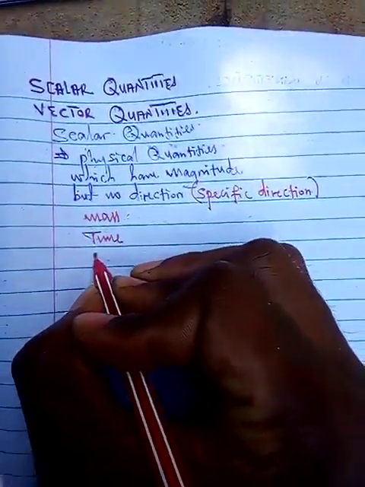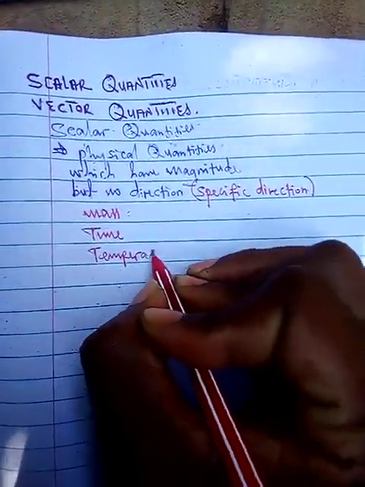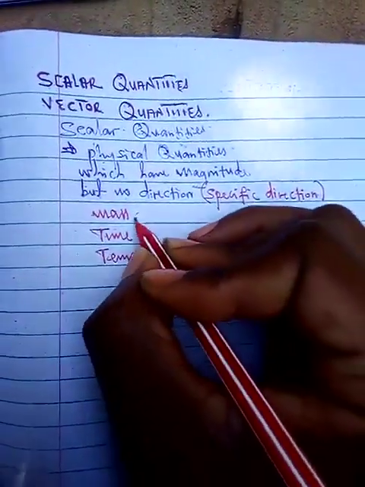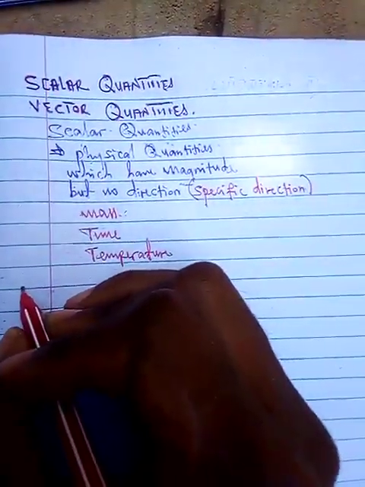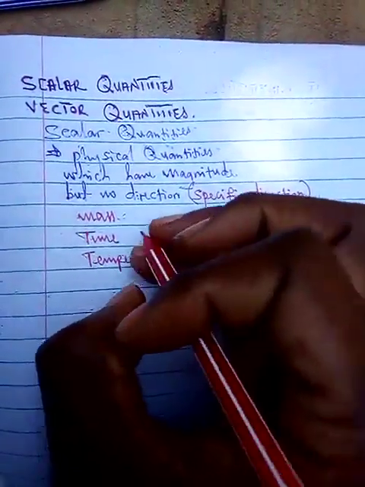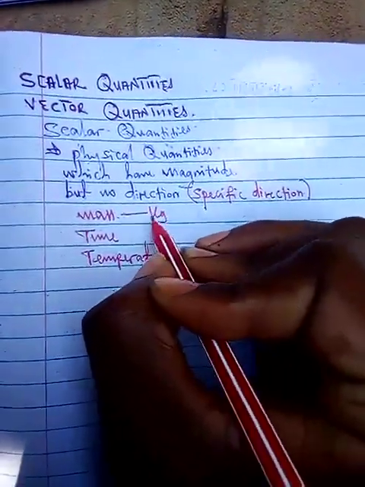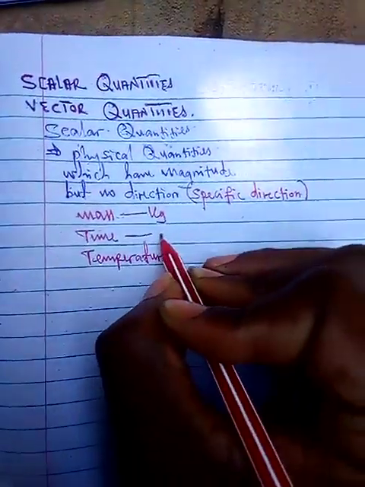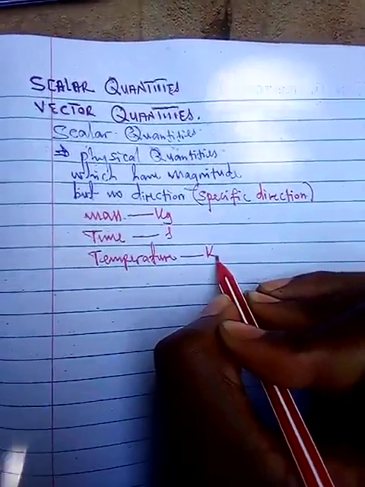We can also talk about temperature. Mass, time, temperature. I think this can suffice for now. So mass, remember, kilograms. Time, seconds. Temperature, kelvins.